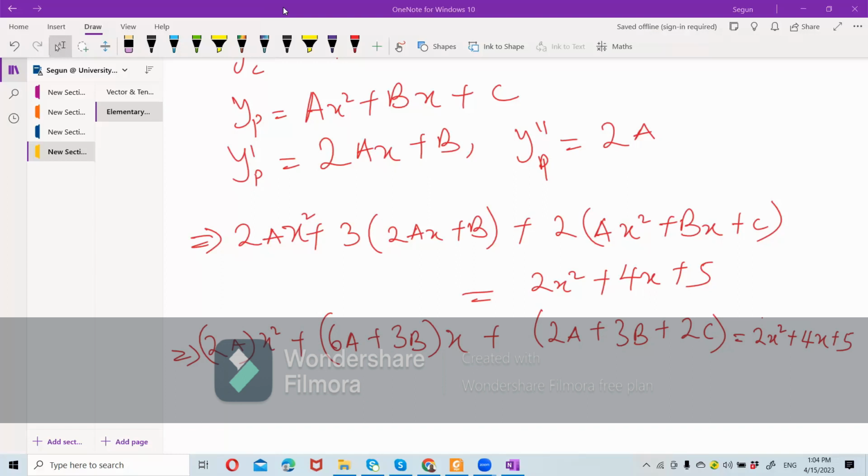Our B equals minus 2 over 3. And our C equals 5 over 2. Am I correct, sir?